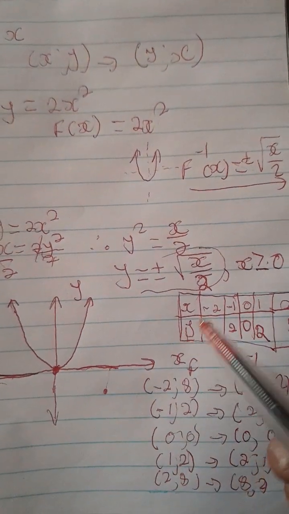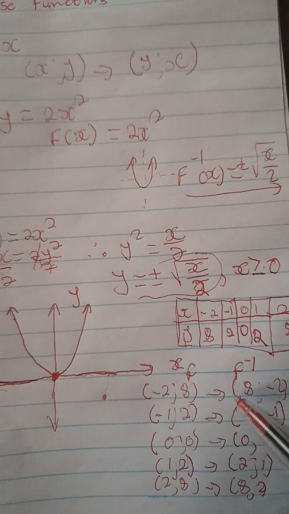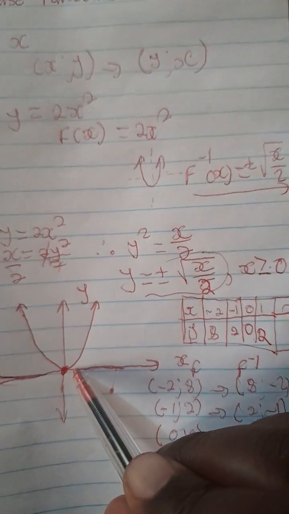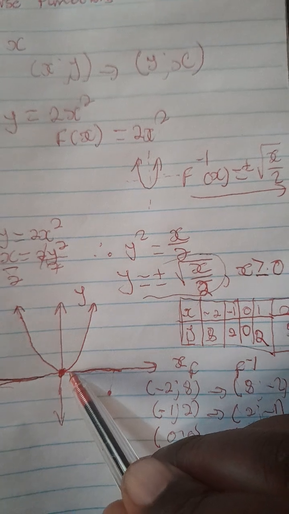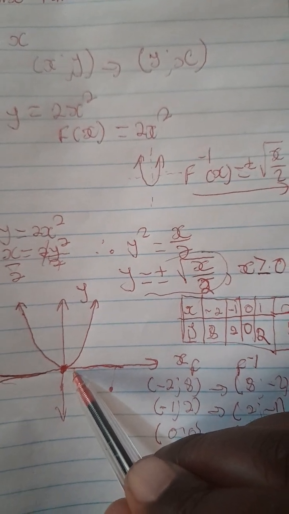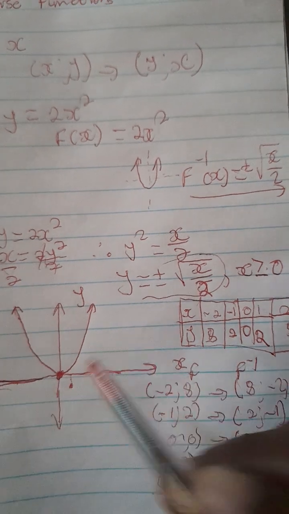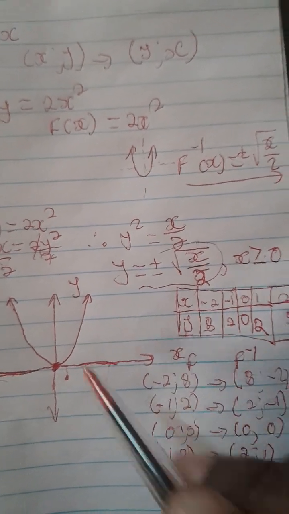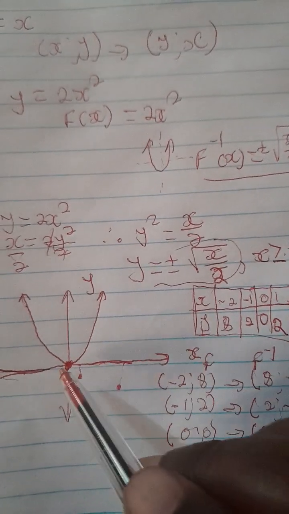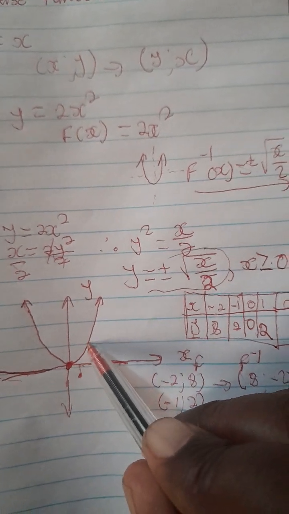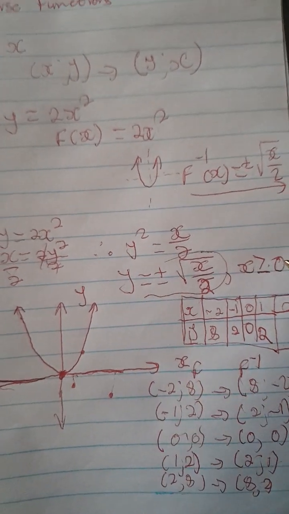Then we also have 2 and -1, 0 1 2, so probably it should be here. Then we also have 0 and 0 there. Then we have 2 and 1, so 0 1 2, 2 and 1 will be here.